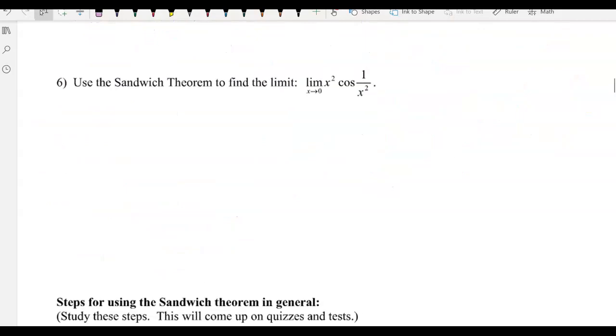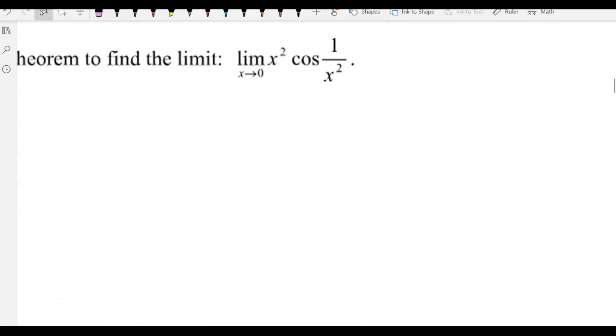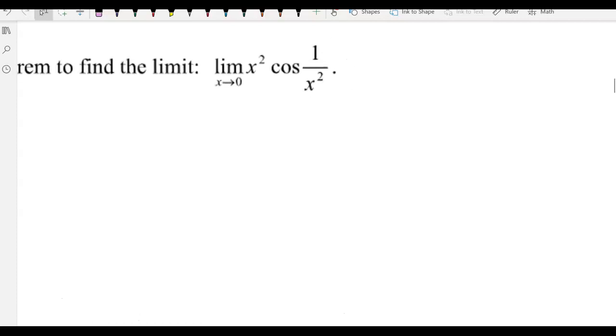Okay, use the sandwich theorem to find the limit as x approaches 0 of x squared times cosine of 1 divided by x squared. Obviously, guys, if we can substitute, that's the easiest go. Okay, so let's substitute first to see what happens. All right, let's substitute.